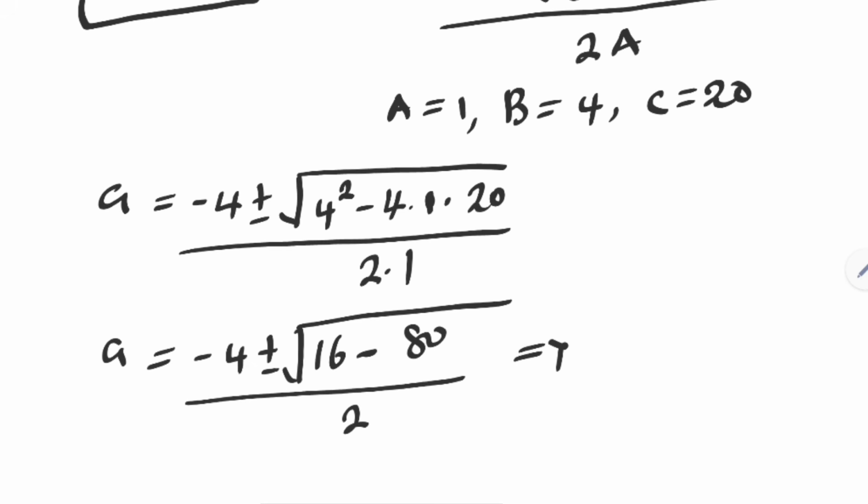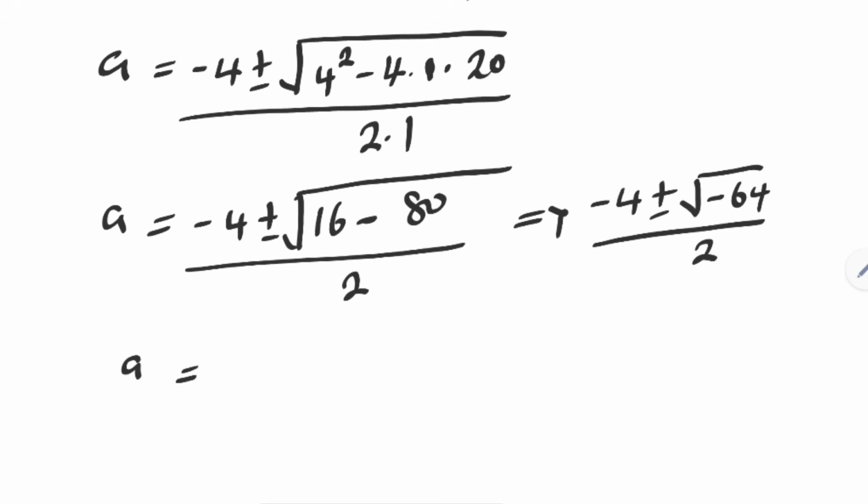This is the same thing as minus 4 plus or minus square root of 16 minus 80, that is minus 64, over 2.